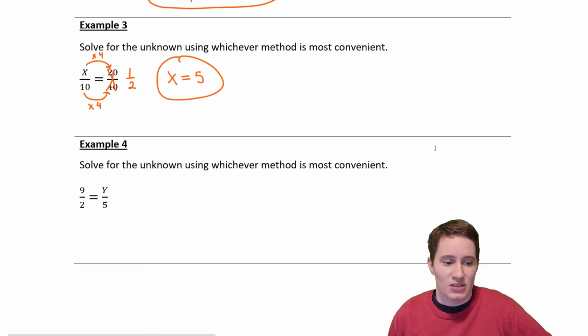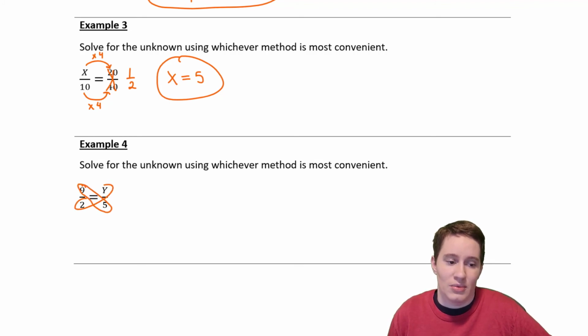Example 4. So we have 9 halves equals y over 5. And so maybe you can think of 2 times what gives you 5, or maybe not. I'm going to go ahead and cross multiply so we have another example of that. So we're going to do 9 times 5 equals 2 times y, which 9 times 5 is 45.